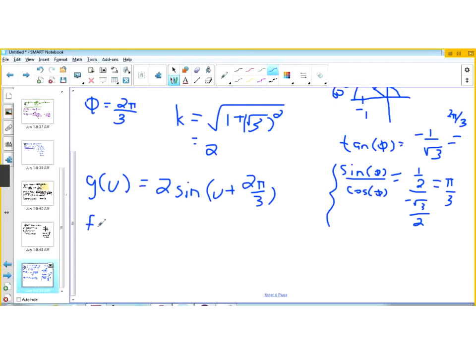So now we can get back to our f of x. So we know that if we replace u with 2x, we'll get back our f of x function. So replace u with 2x.